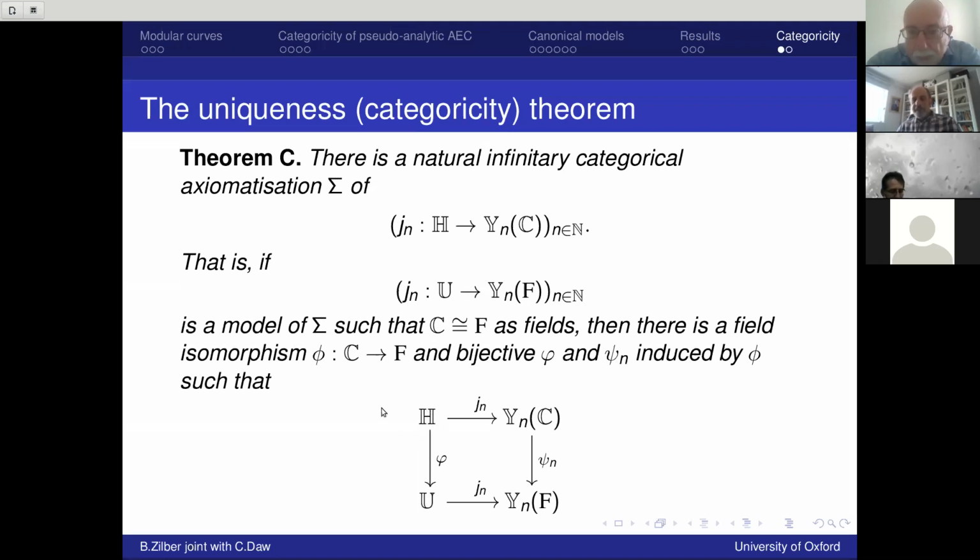And so that's the meaning of this theorem, right? And as I said, it is a main theorem.